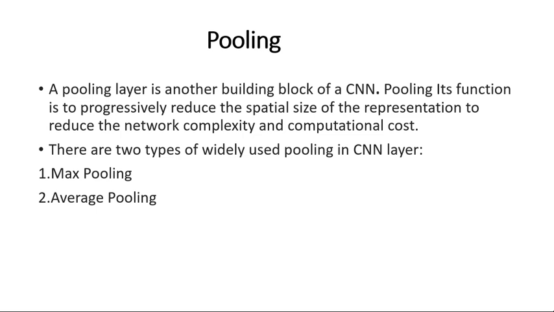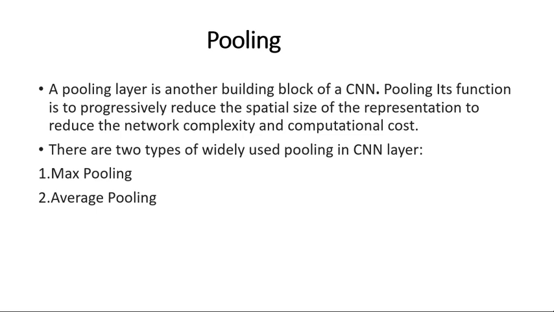Now we will discuss the pooling concept. We have already discussed the pooling concept in the previous videos; we can also check the previous videos. The purpose of pooling is to downsample the dimensionality without loss of information.